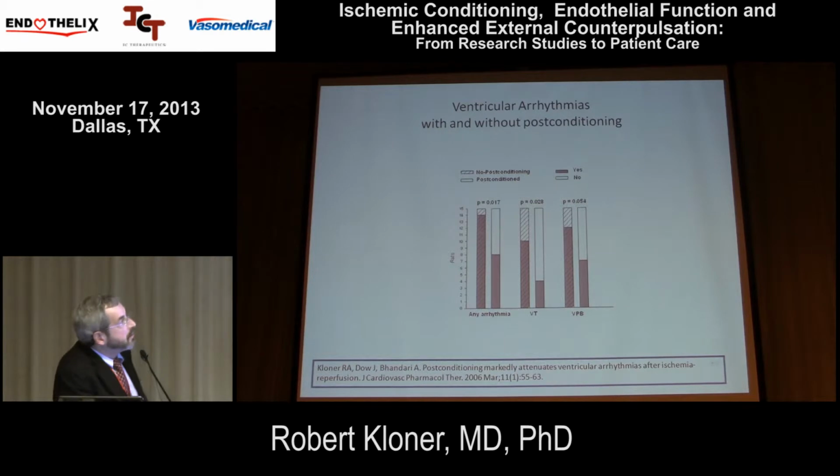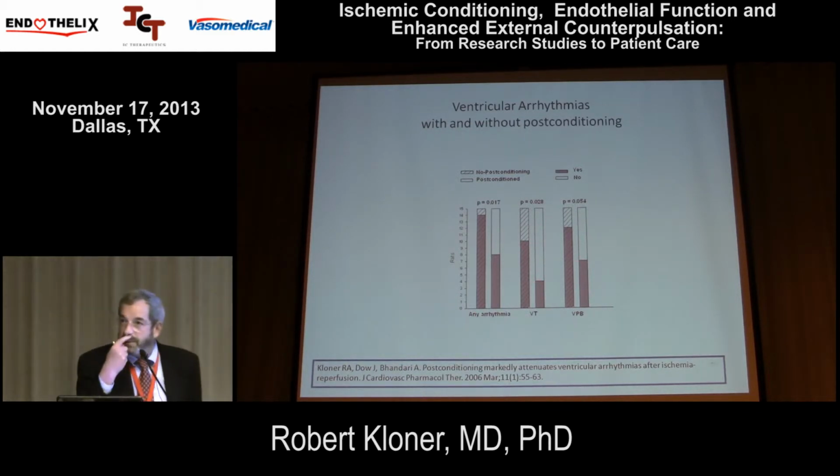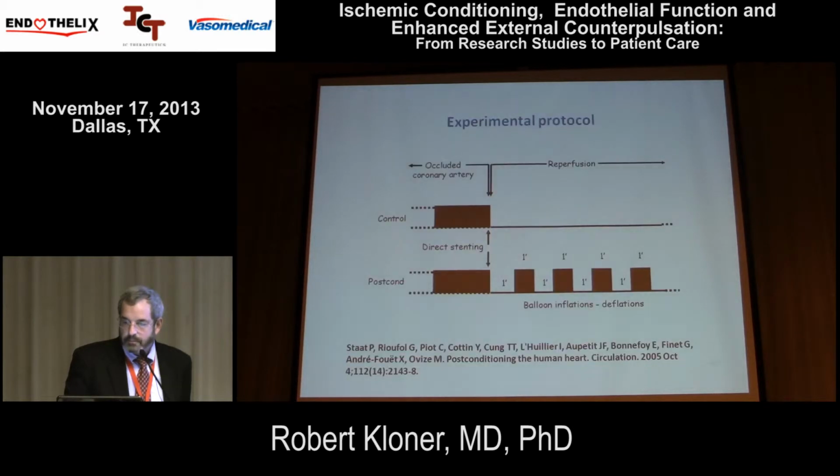And here's the sum of the data. Any arrhythmias were significantly reduced in those animals that were postconditioned compared to those that were not. Ventricular tachycardia was reduced, ventricular premature beats were reduced with postconditioning. And we've shown this now a number of times in the rat model.